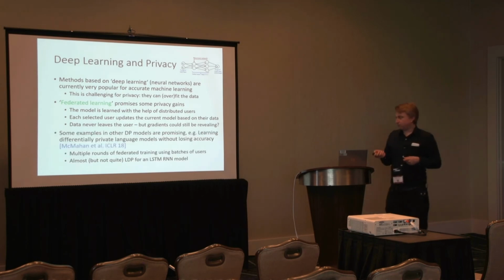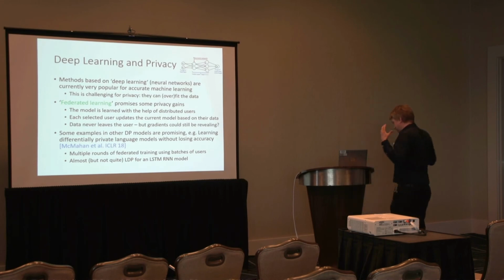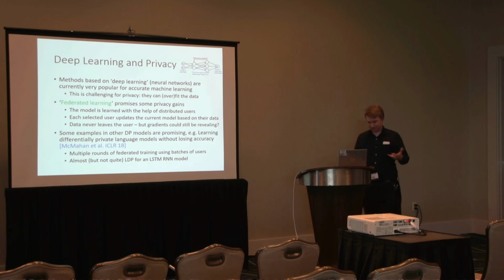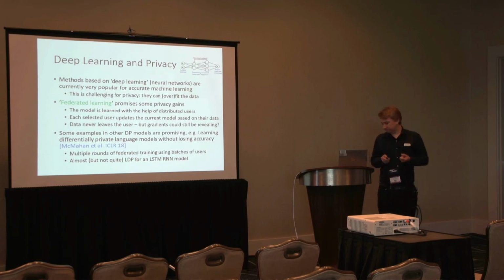So again, there's some recent work, very preliminary, really in the central DP model, trying to think about how you would learn certain kinds of models without losing accuracy. So is it at all feasible to think about some kind of good neural network-based model that would still have a privacy guarantee? I'm not sure.